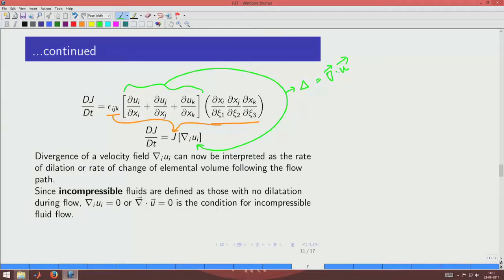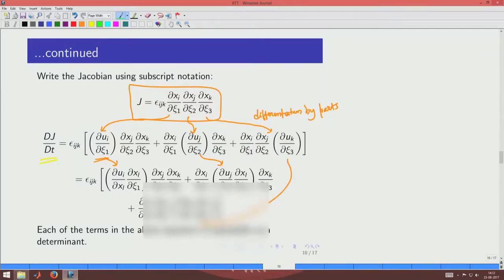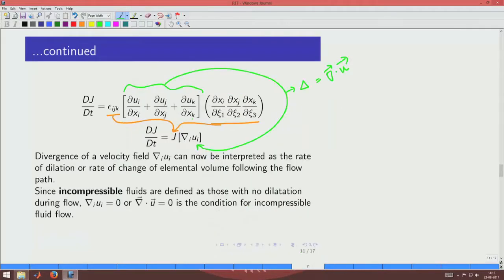So, by inspecting what values of L will allow the quantity to be non-zero, we can make those manipulations, and we see that it comes with a nice gathering of the terms, showing that the material derivative of the Jacobian is nothing but the Jacobian times the rate of dilation. We can write it in a normalized manner as 1 by J, dJ by dt is equal to delta.